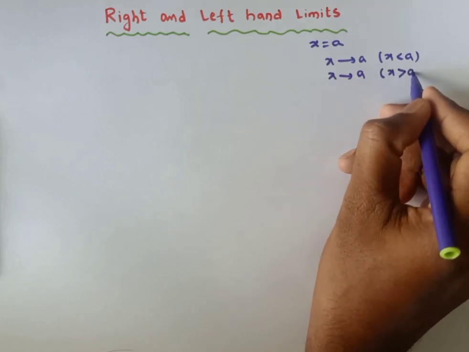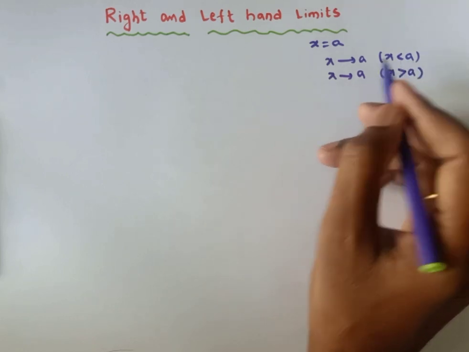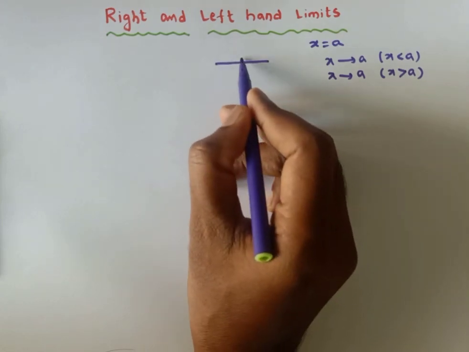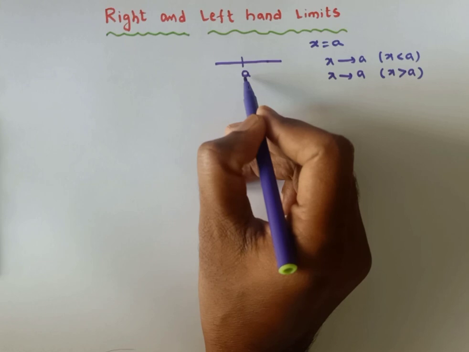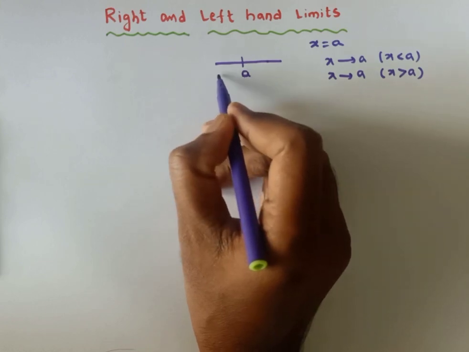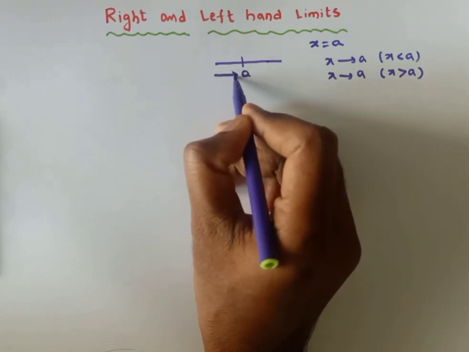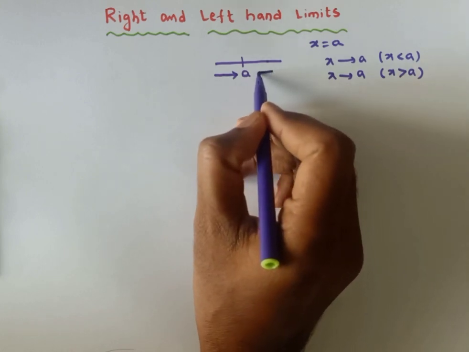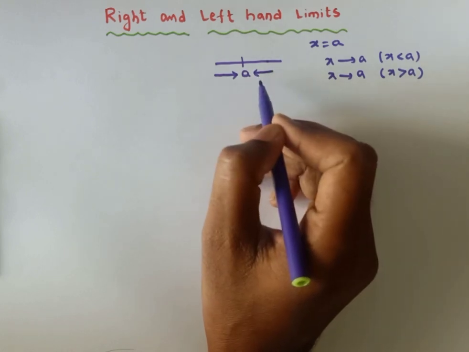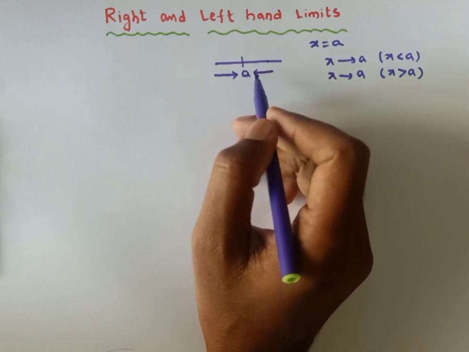Right hand side means x is greater than a. So we have a line, and the point a is there. The left hand limit for a is as x approaches a from the left hand side, and the right hand limit is as x approaches a from the right hand side. So these are the one-sided limits.